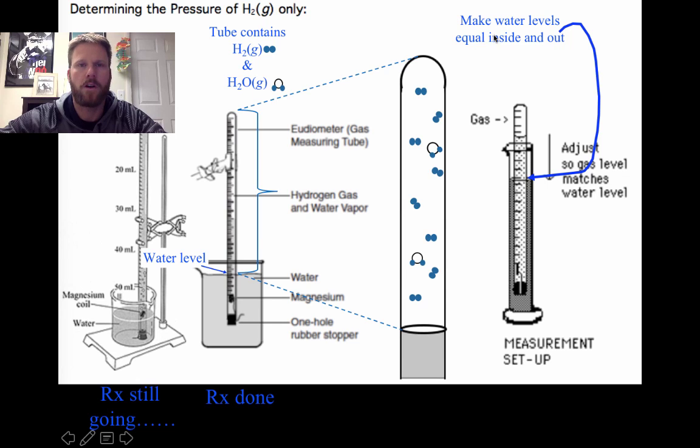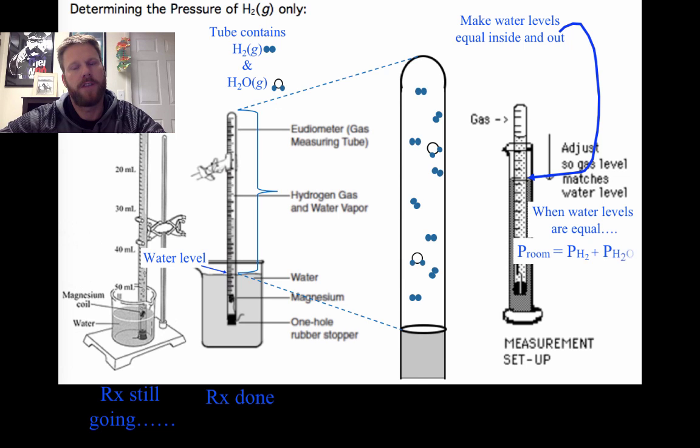Remember, we make the water levels equal inside and out, and the reason we do that is because the pressure of the gas inside the tube is then equal to the external pressure. So then all we have to do is look at the barometer to get the external pressure, the total pressure.